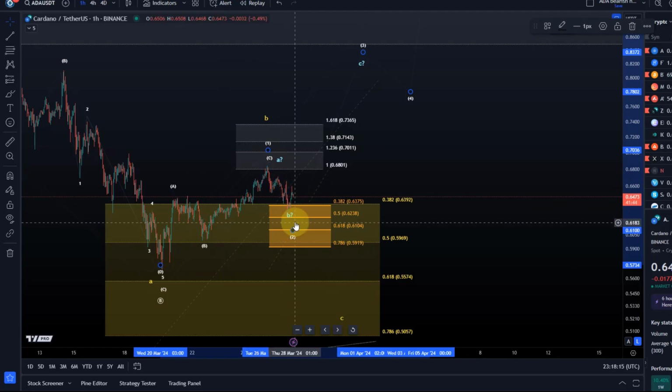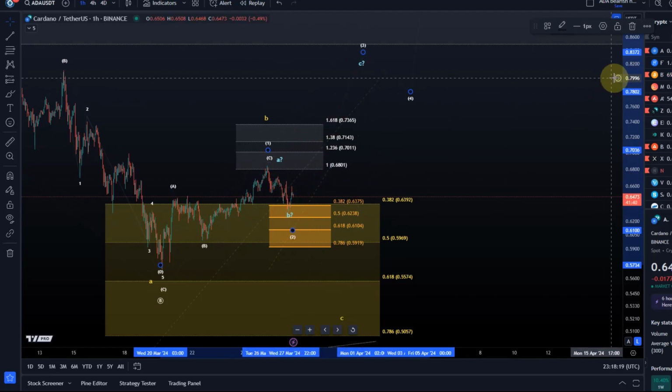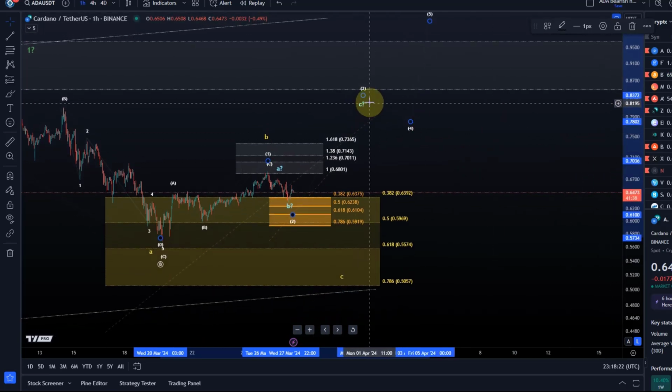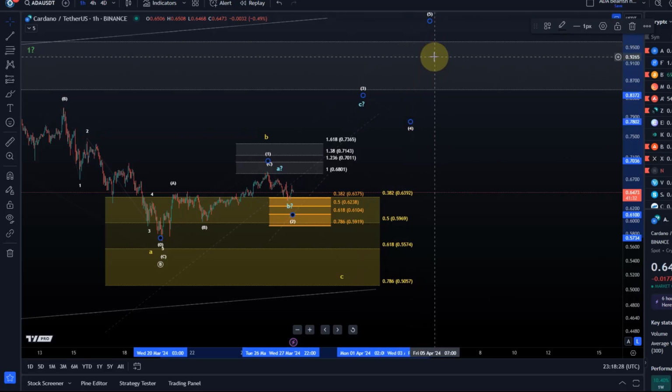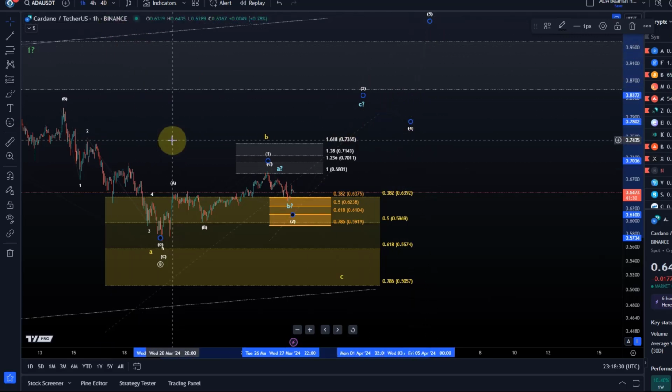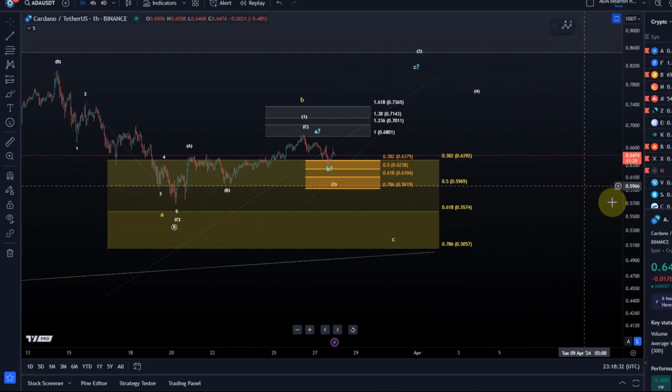Alternatively, it's an AB, okay, and the move up could be a C wave. In the short term, it doesn't really matter, but they will diverge after this top. And then in the white count, we could get a higher low in wave 4 and a higher high in wave 5. So essentially, it's now all about, okay, does the support area hold?